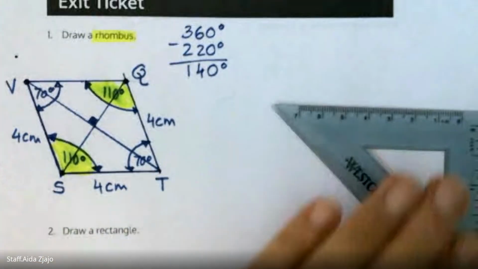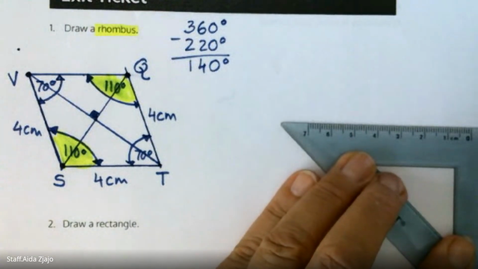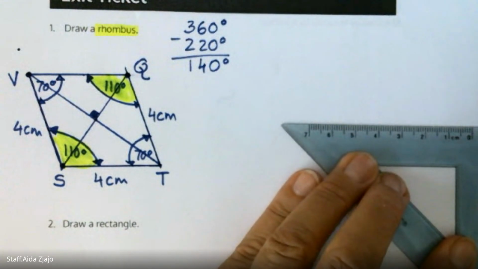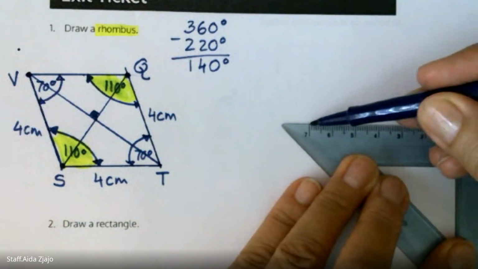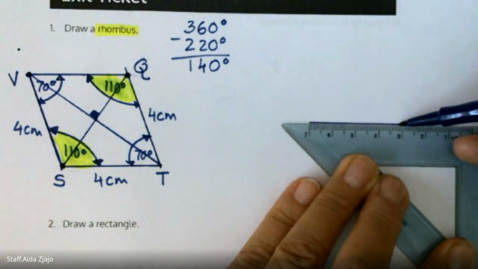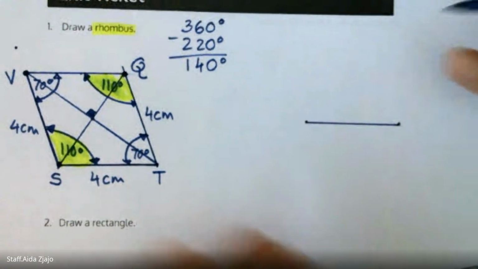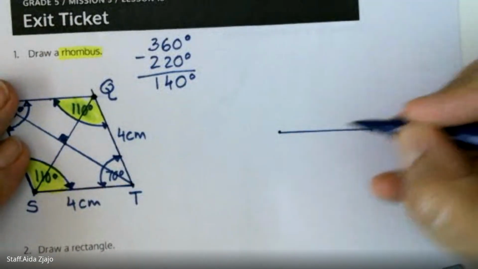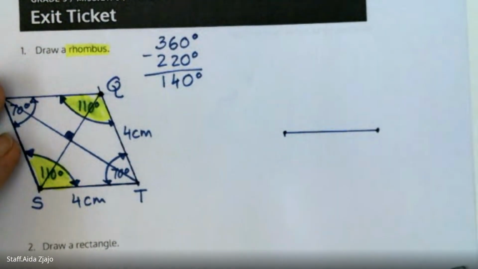So let's see, I'm going to have one line here. Okay, let me have 4 centimeters. So this is my diagonal, and it's going to be one diagonal. It's going to be 4 centimeters.